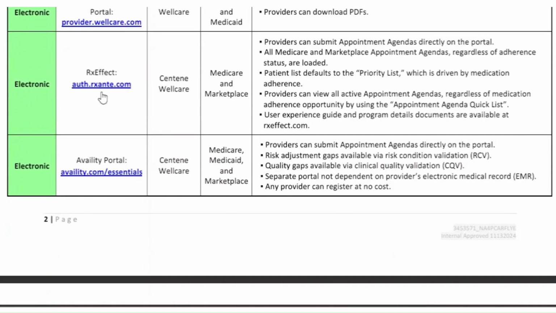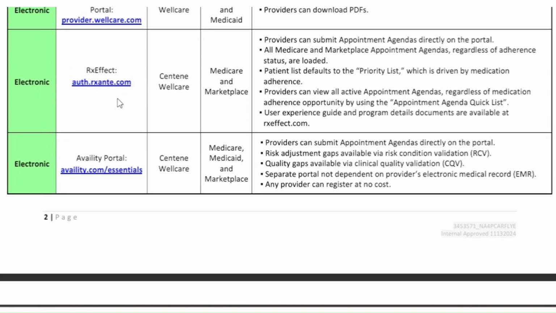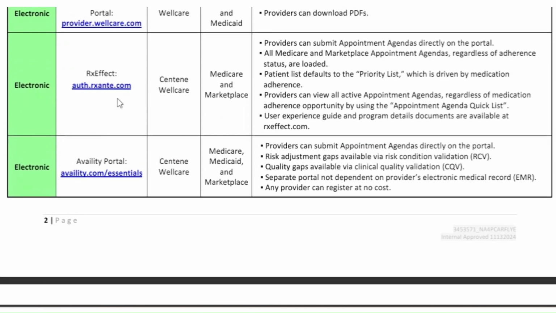So these appointment agendas for your practice are available on all these portals, right? So let's say once a provider filled that out and scanned that back in patient documents, then the quality department or the quality people from your clinic will go ahead and submit those electronically on these portals. Okay.